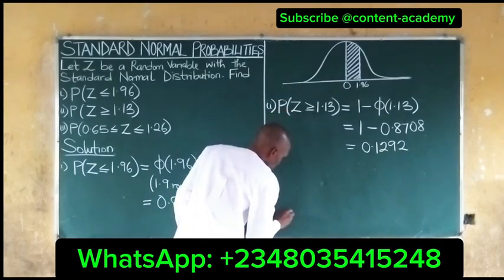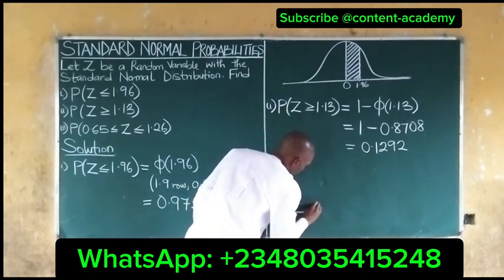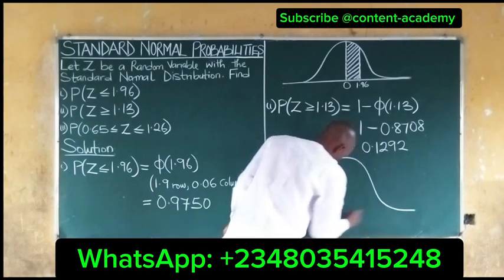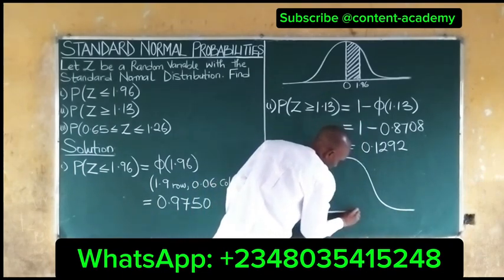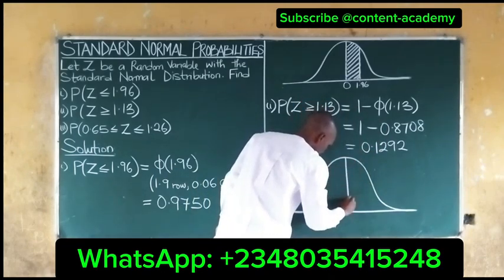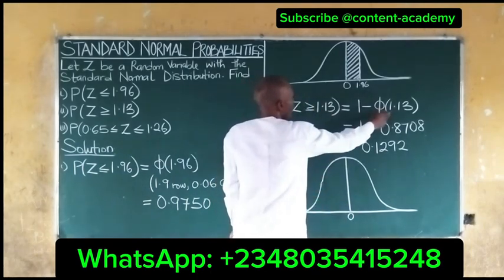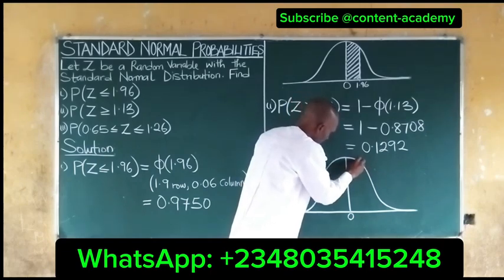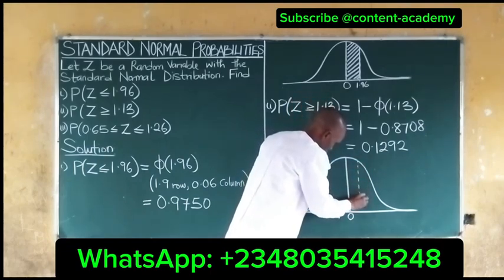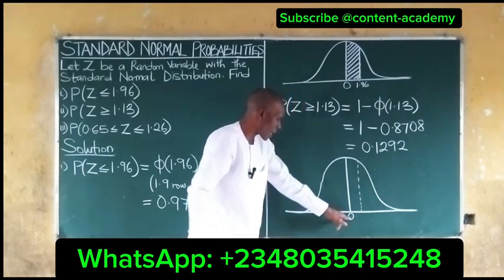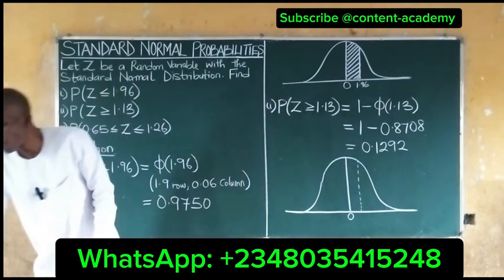Now, how do we draw our curve for the associated equation? Our curve can be drawn this way. Now we have 1.13. So we can trace where we can get 1.13. Let's say we can find it here, because here is positive values and this other side are our negative values.